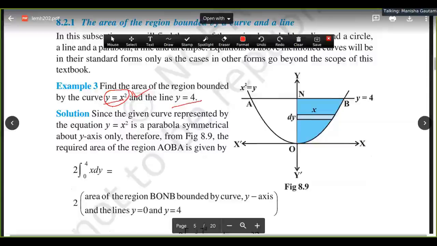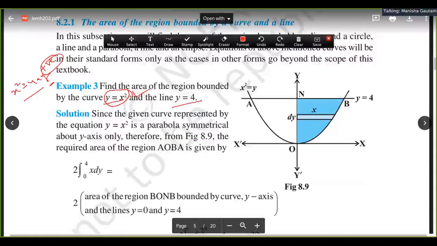Here y is equal to x squared means, as you have studied, a parabola which is symmetrical about the positive y-axis. So you can plot the graph x squared is equal to y, an upward parabola, and one line is given, y is equal to 4.